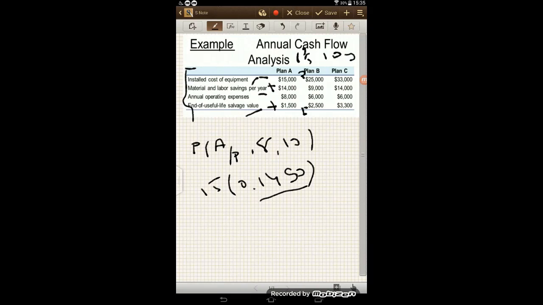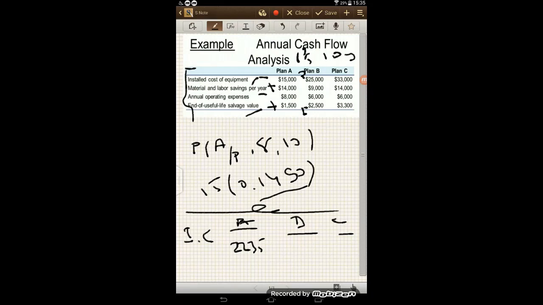Okay, let's construct our table again. So it's gonna be installed cost for plan A, B, and C. Let's do this one. Instead of 15,000, it's gonna be 2,235.